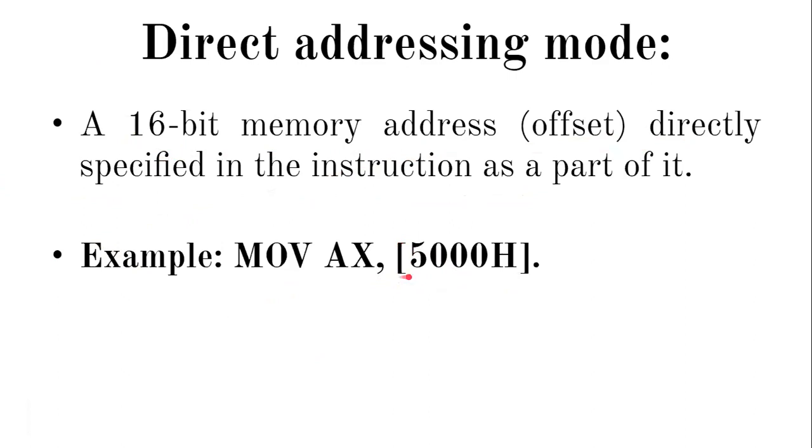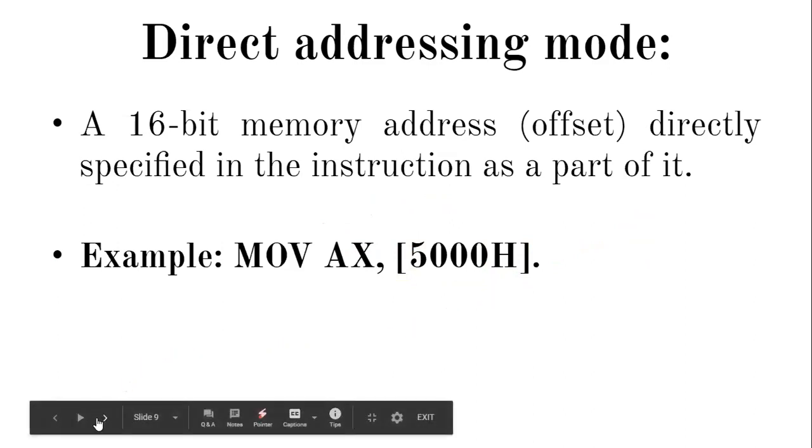Whenever we see a square bracket, it indicates a memory location. So the memory location 5000H must have some content, and that content is copied to the register AX, and not the number 5000H itself. This is the difference between immediate addressing mode and direct addressing mode. When you have a square bracket, it is not an immediate operand, but the memory location of the operand.